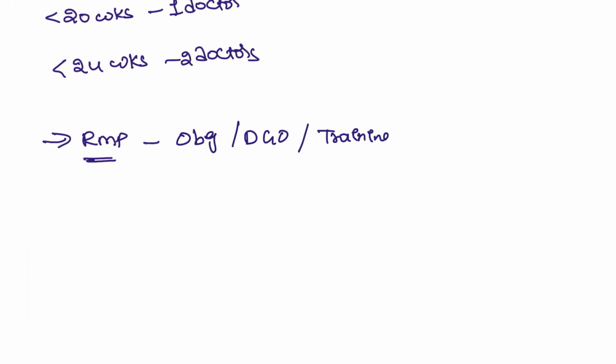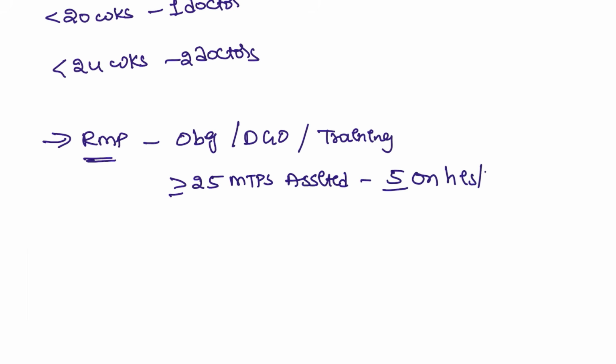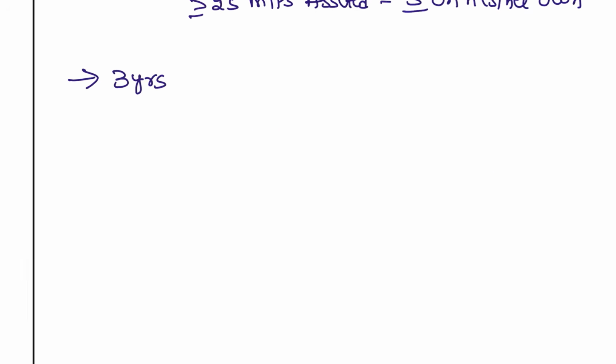Okay, he has the special training, at least he has done or assisted more than 25 MTPs, and then 5 on his or her own. They have to perform, and the records have to be maintained for at least 3 years. Records have to be maintained and updated every month.